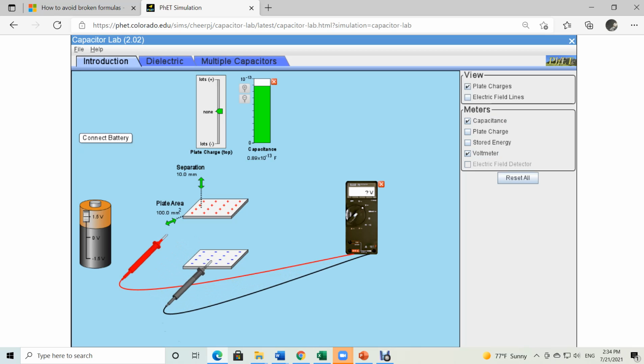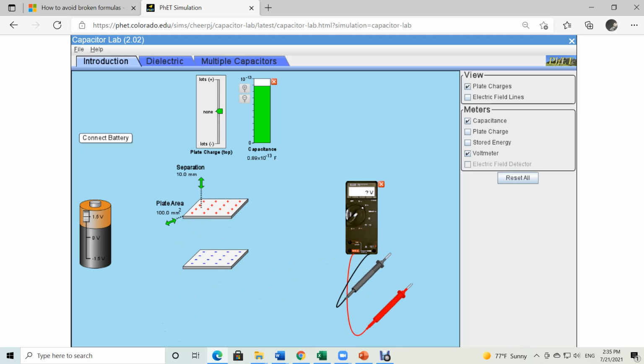I'm just repeating what we did. When I put the probes in there, we get 1.5 volts. Oh, wait a minute. I gotta share the screen. Thank you. Here you go. Okay. The voltage in this plate is 1.5 volts.